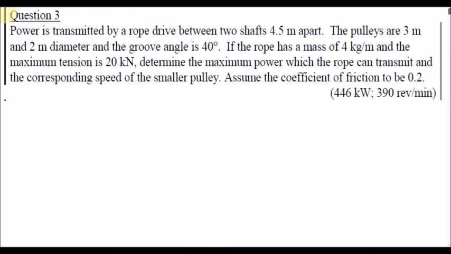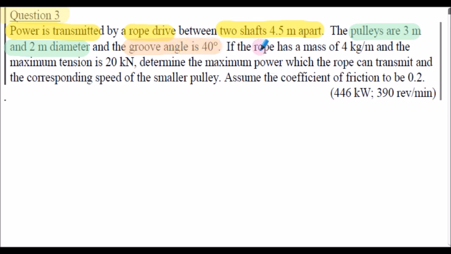Here's question 3. We're asked to calculate the power transmitted by a rope belt drive between two shafts 4.5 meters apart. The pulleys are 3 meters and 2 meters diameter, and the groove angle in which the rope belt runs is 40 degrees. That's the total angle.